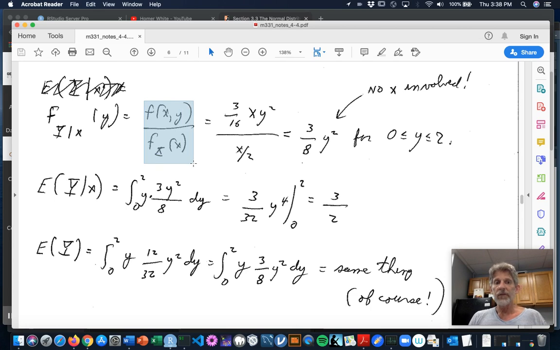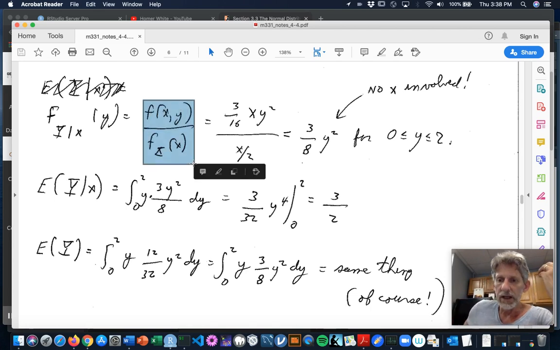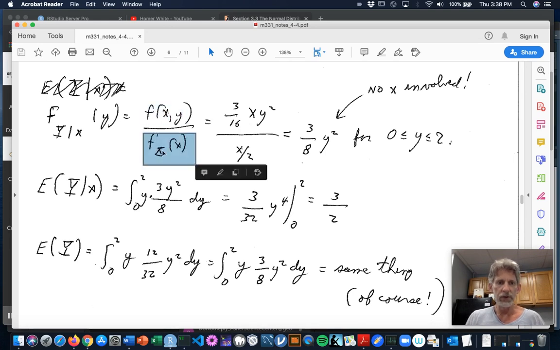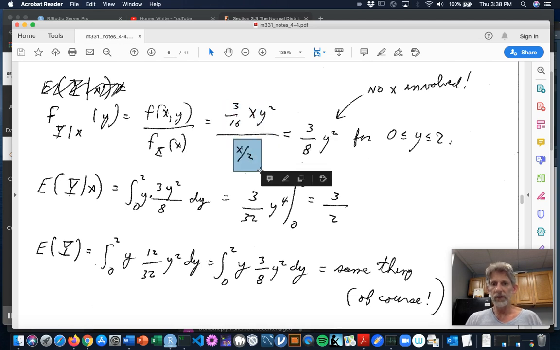Well, the definition for conditional distributions is going to be the same as it was with discrete type bivariates. It's the PDF over the marginal probability for the other variable. So f of xy over the marginal for x. So this divided by the x over 2 that we found. Now that reduces to this, and that's good for all y's in the support.